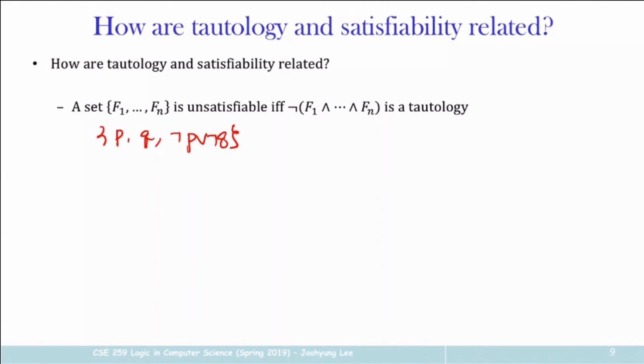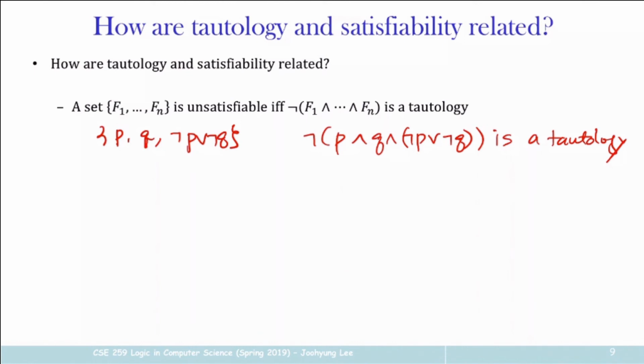And you can check that this is also true. Okay? So on the left hand side, you cannot find any interpretation that satisfies all formulas to be true. On the right hand side, if you compute the negation of the conjunction of three formulas, this is always a tautology.